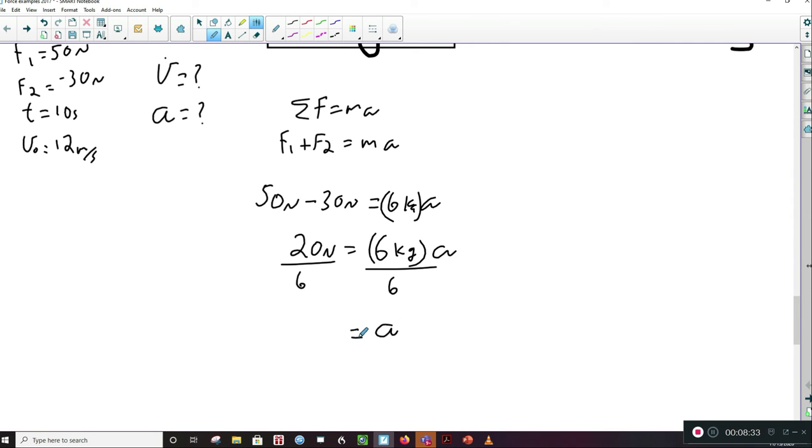Then we have 20 divided by 6. It's 3.3 meters per second squared, and it's positive. Got to watch your signs on these.